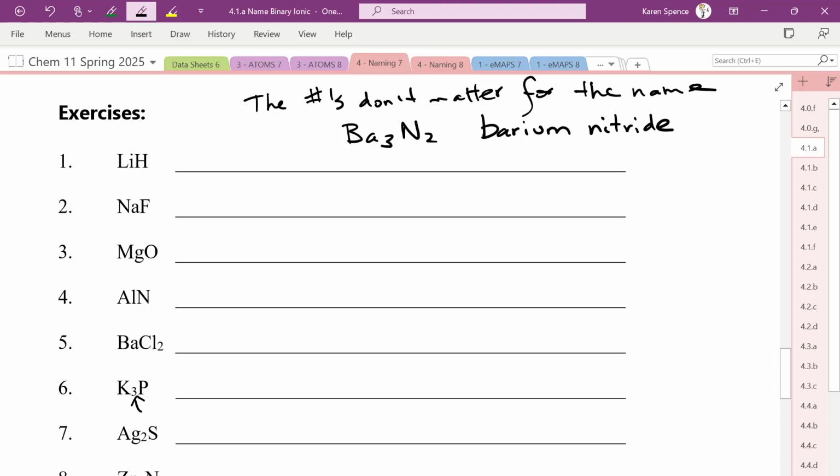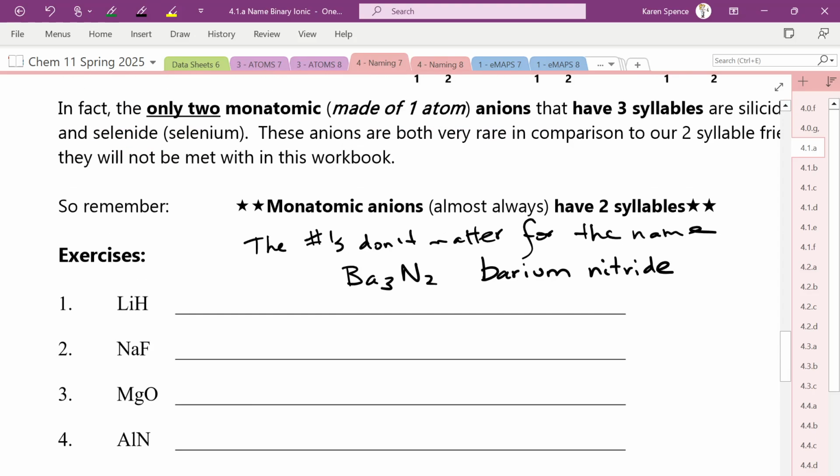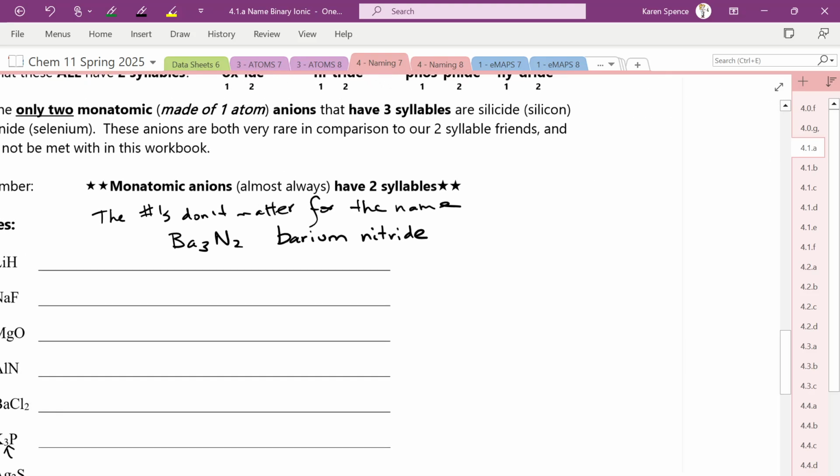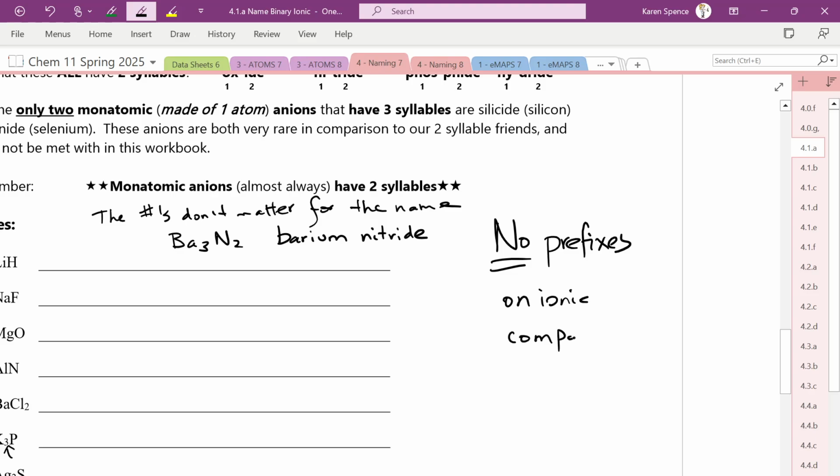Do you see any dis or tris? Ionic compounds do not use prefixes, okay? No prefixes on ionic compounds. Okay? Is that easy enough? Okay.